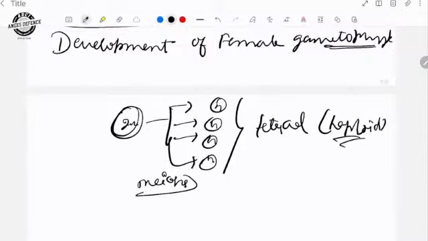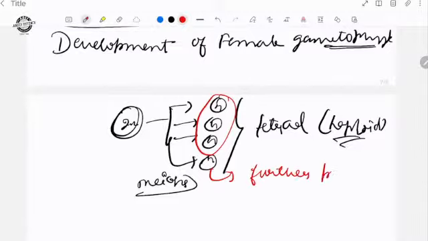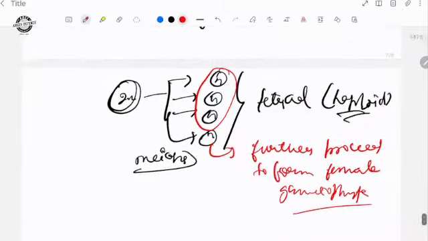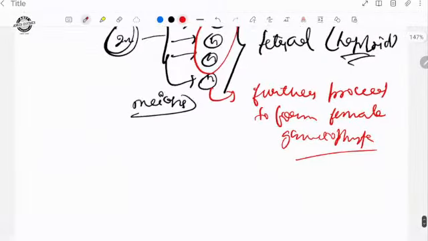Understood? After this, three of them are going to disintegrate during the process, and only one is going to proceed further to form the female gametophyte. After that, all three are disintegrated. Understood?